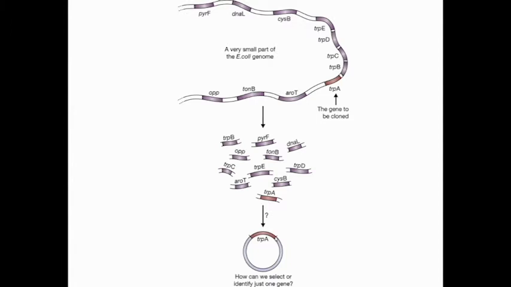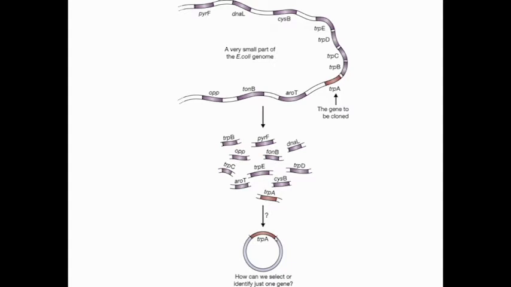One easy, simple way is to clone, get the bacterial culture, and then perform PCR to identify whether the vector, the recombinant cell, carries the specific gene that you want.